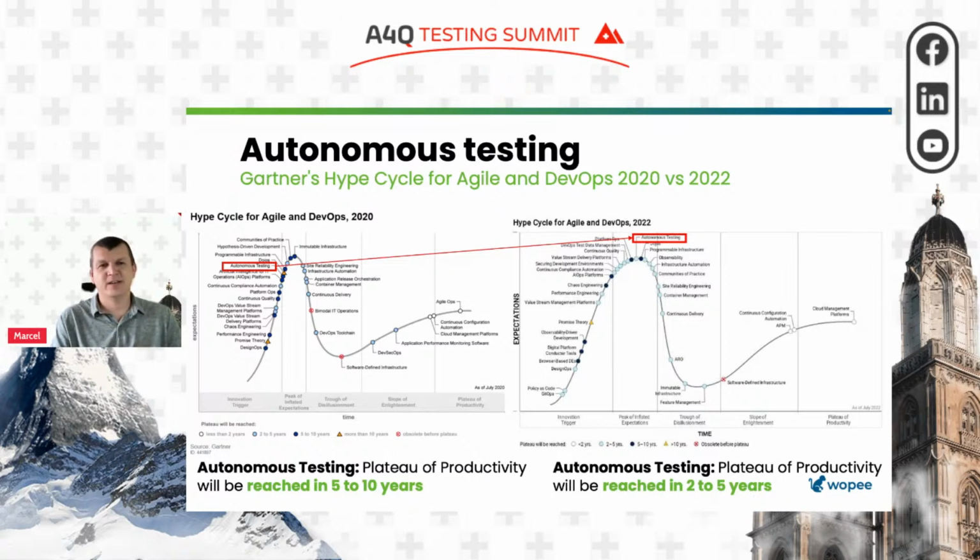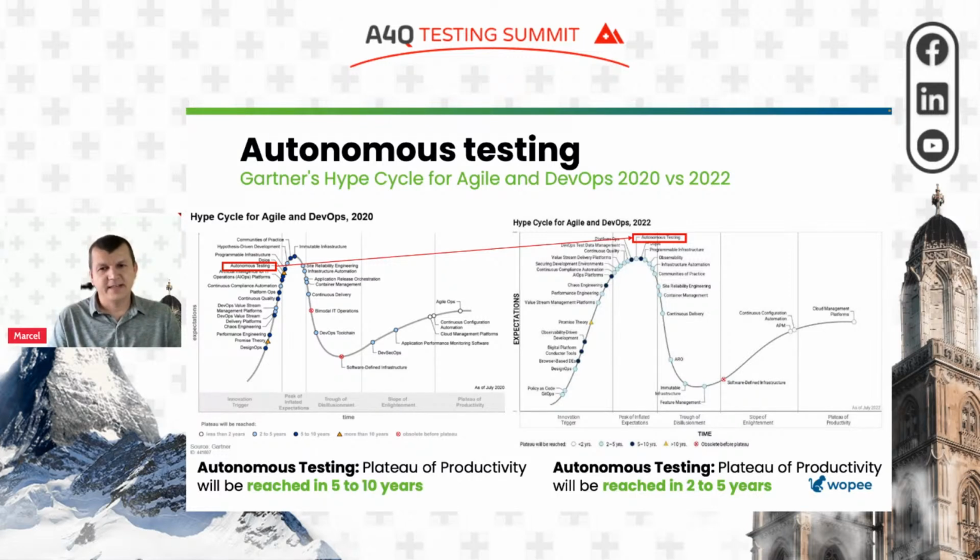I think it will develop as the ratio between automation and manual testing developed over the last couple of years. But I would like to now talk about the way we could implement this approach.